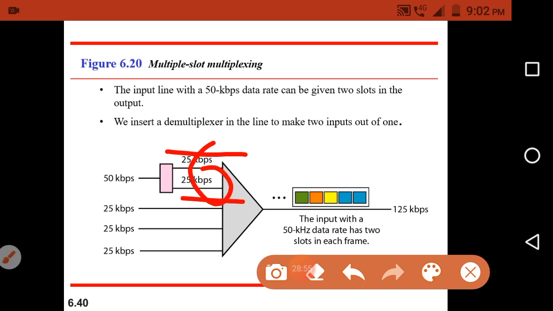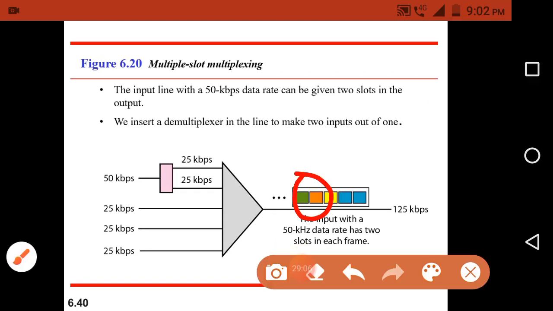Because of this, we need to allocate two slots in the output frame. For the one input we need to allocate two slots here.